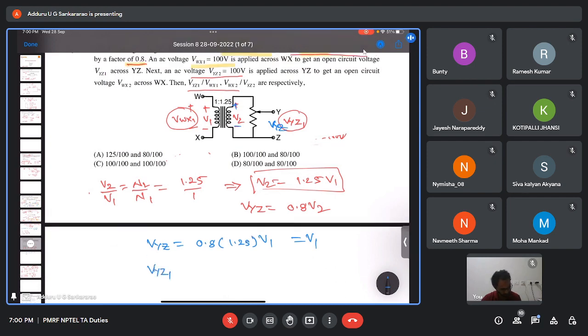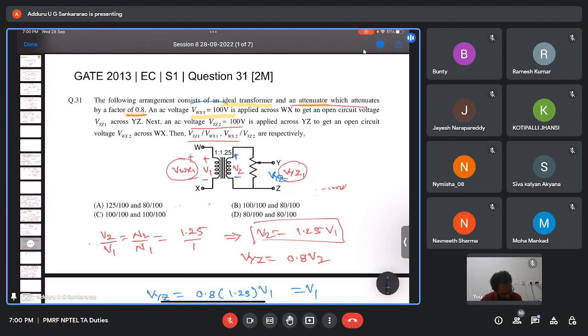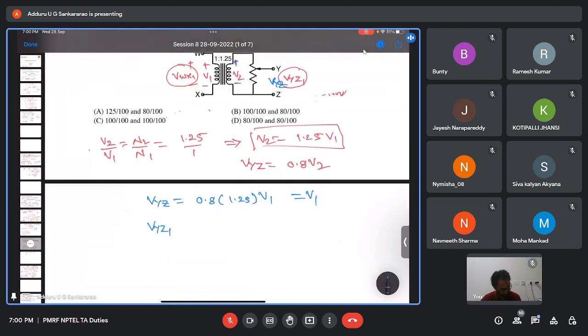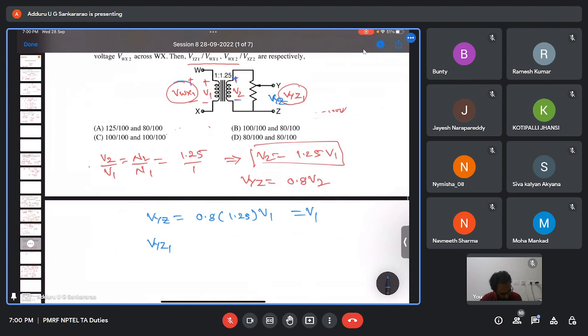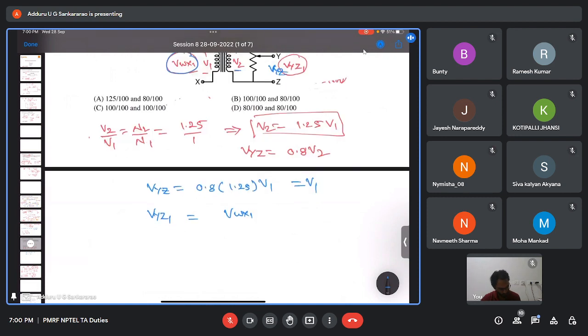Here they have given that Vwx1 equal to 100 volts when we are giving the input. So V1 is nothing but Vwx1. In the question they were asking what is Vyz1 by Vwx1. When 100 volts is given, this also you'll get 100 volts.